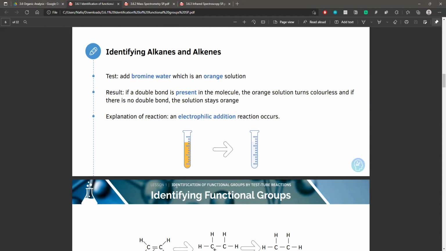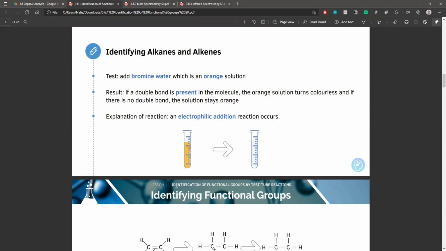If you've got an unsaturated compound with a double bond, then the orange solution turns colorless when you add bromine water. And if there's no double bond, the solution will stay orange.